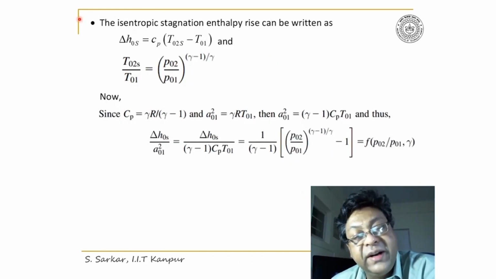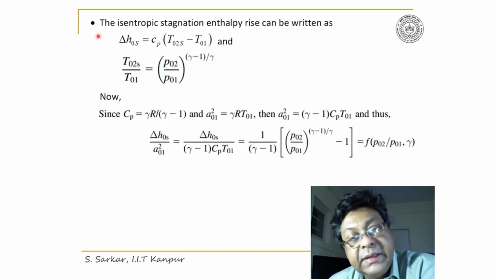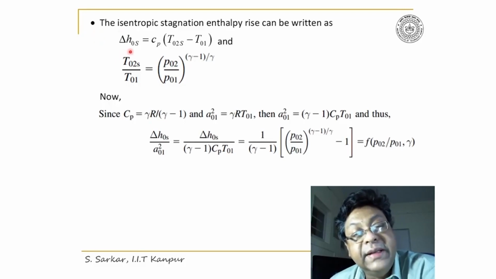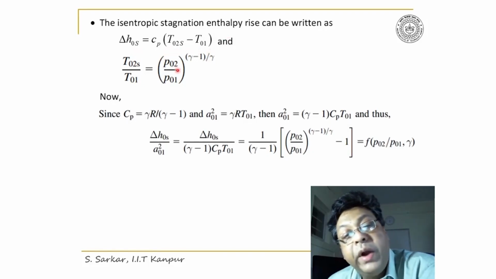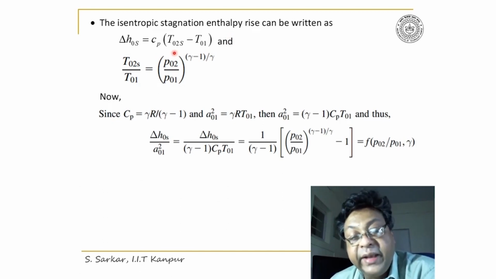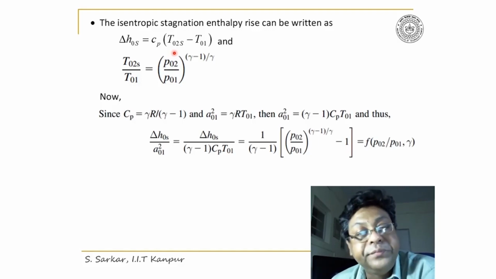Now what is the functional relationship that I have established earlier? I would like to simplify further. With respect to that, I'll write the expression of isentropic enthalpy rise or drop across the machine as del H0s is equal to Cp into T02s minus T01, where T02s is the stagnation temperature at the exit of the turbomachine.